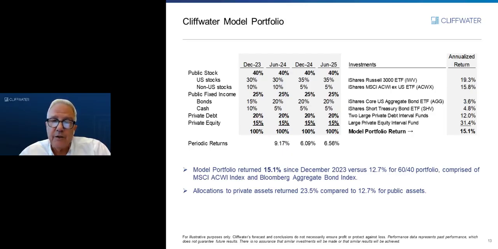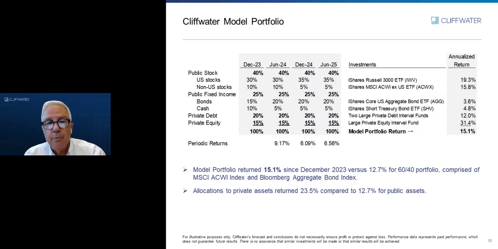I talked about the 2% earlier in the presentation. So you are getting paid to take duration risk, hence our allocation of 20%. Obviously, taxable investors will look for relief in the municipal market, but generally we like this 20% allocation to bonds.